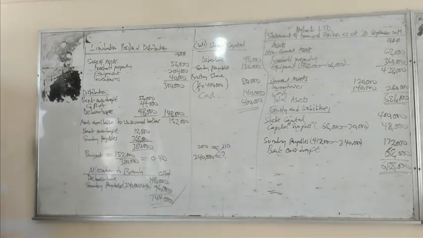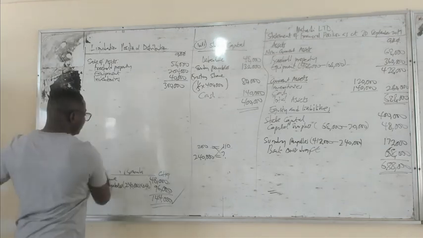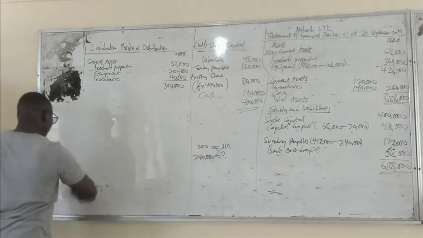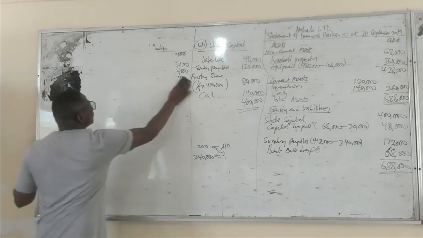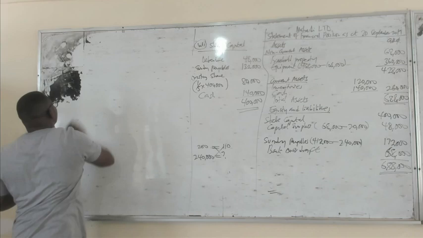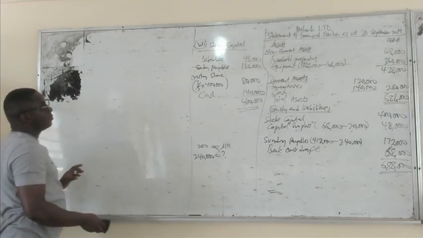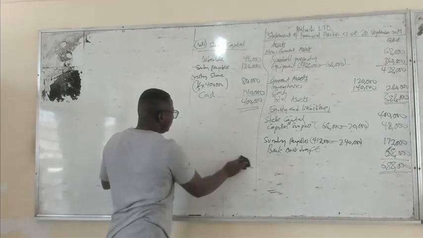So question number: Determine the value to be placed on each share of Power Limited using the following methods of valuation. Power Limited operates a large-scale commercial farm. It now plans to offload some of its shareholding to the public in order to raise funds to expand its operations.